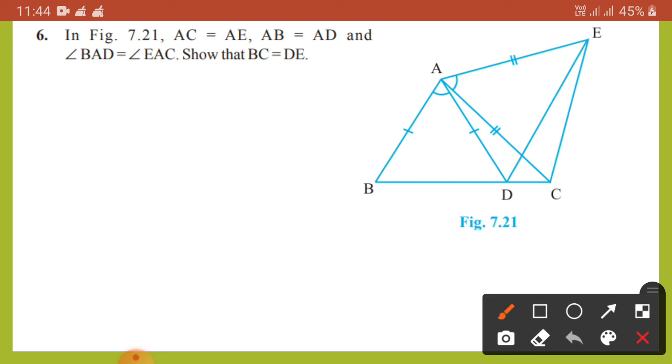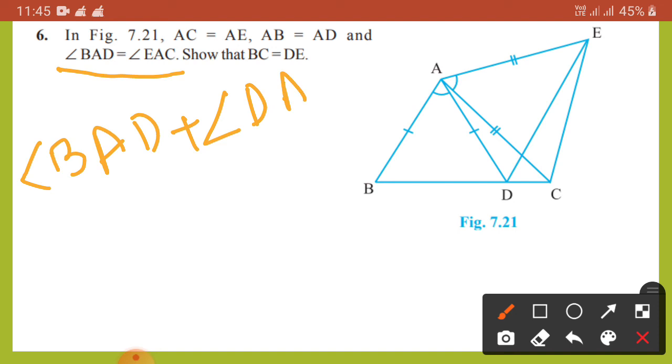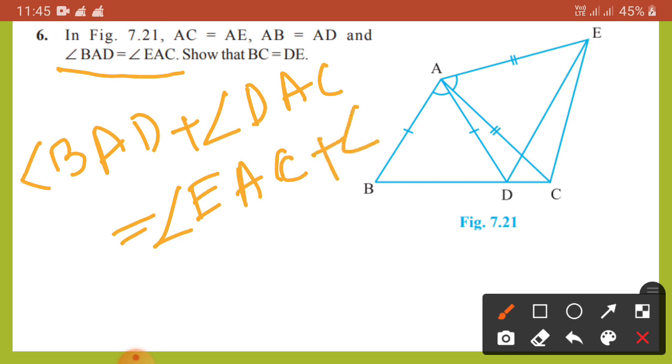Already given in the question, angle BAD is equal to angle EAC. So we can write angle BAD plus angle DAC is equal to angle EAC plus angle DAC, adding DAC to both sides.